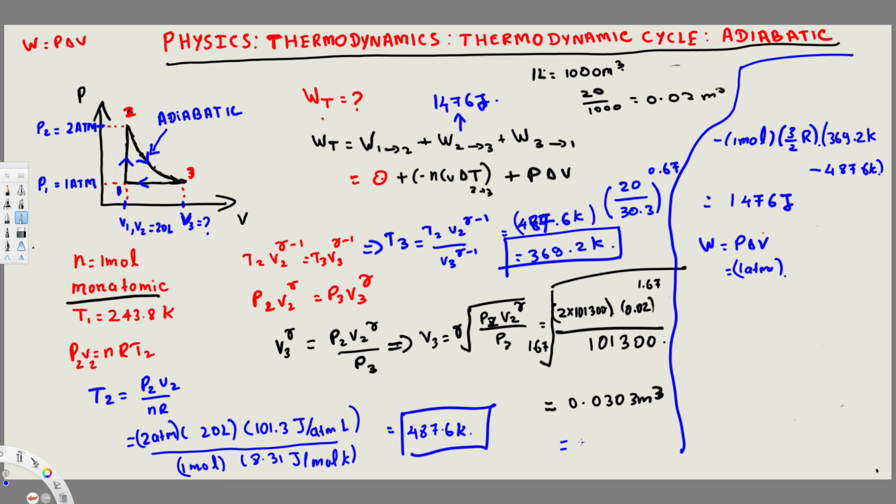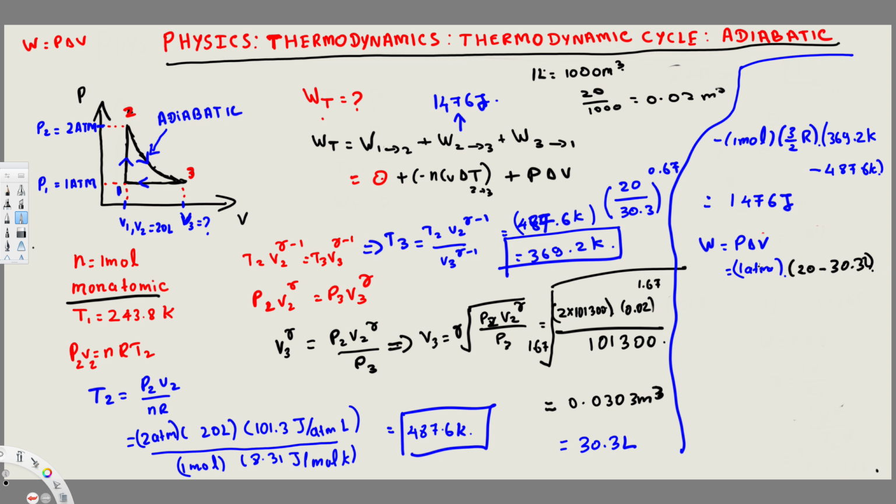So this is equal to 30.3 liter right here. Actually, my final is 20 right here. Right. So this is going to be final minus initial. 20, final is 20. Yeah.